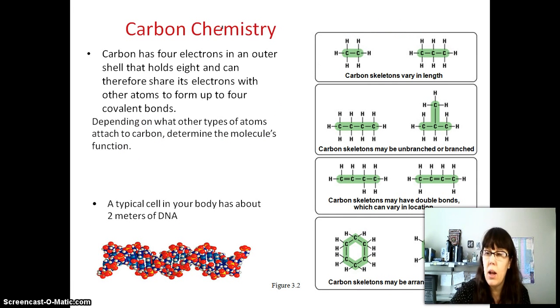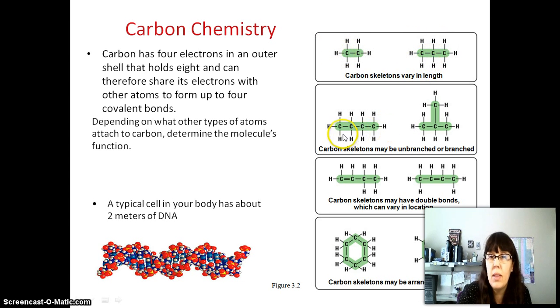Now, we are carbon-based life, and so carbon chemistry is quite important for us. Carbon's got 4 electrons in its outer shell, and it can form up to 4 single covalent bonds. Now, it's a little bit like Lego blocks, in that you can add to the carbon skeleton, so they can vary in length.